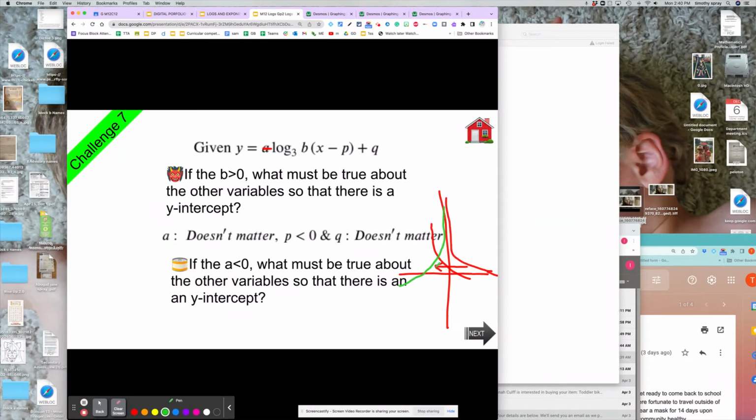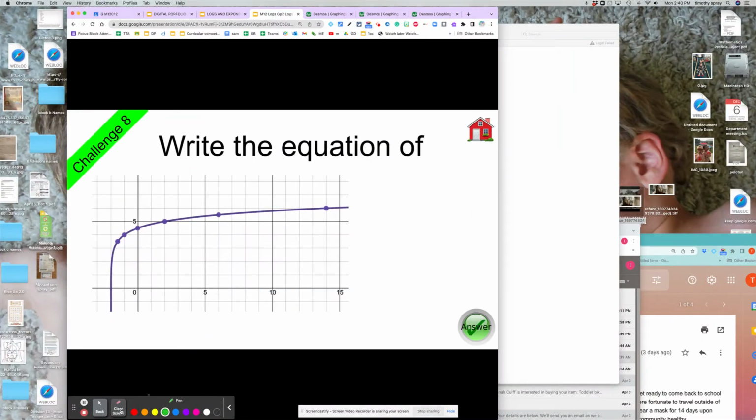And so then what would have to happen is that if this guy's negative, then the p value would have to be positive, so then it will look like that. And that's why it says that q doesn't matter, and that b times p has to be negative, or b and p have opposite signs. So that's a lot to think about, but that is how I think about it.